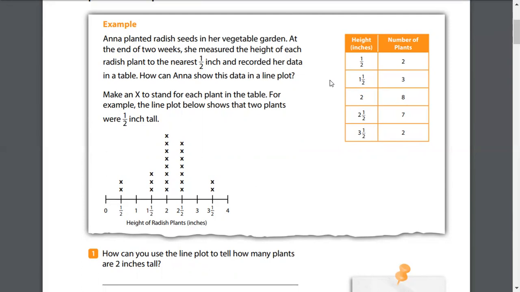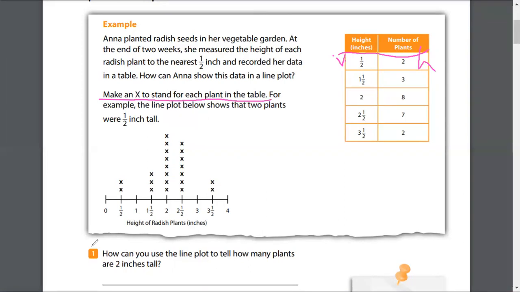So, moving forward, mark an X to stand for each plant in the table. Very important. That's what we do for line plots. So we have a table, we will have some values, and then we will have how many. So I'll call it V for values, and then the H over here for how many of each value. For example, the line plot below shows that 2 plants were a half inch tall.